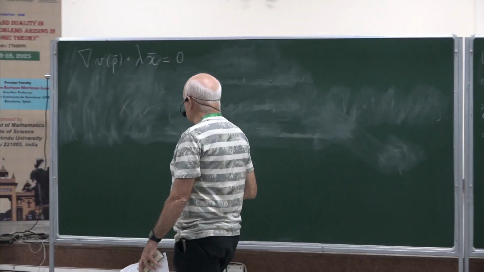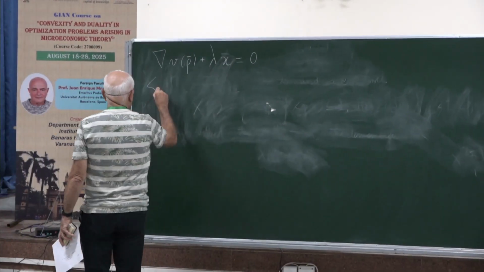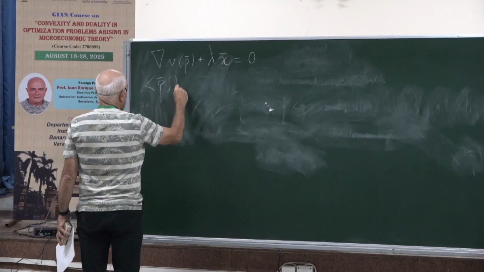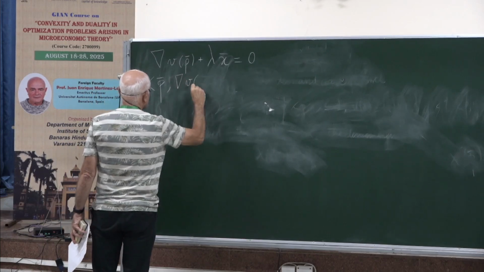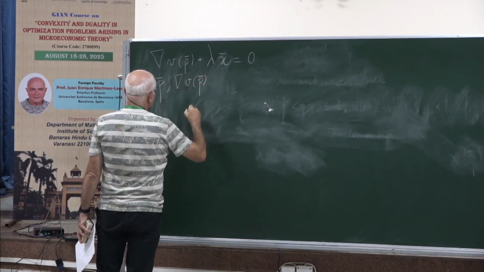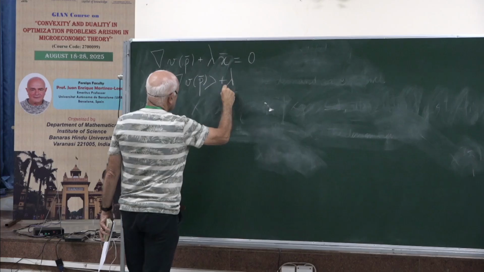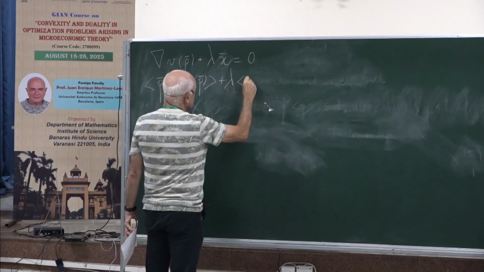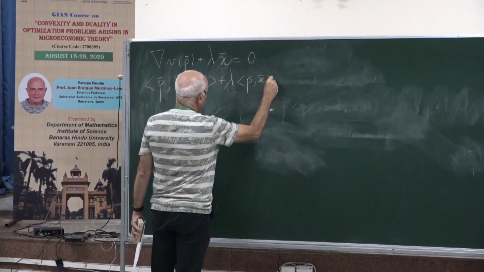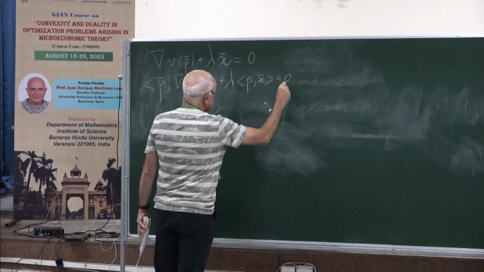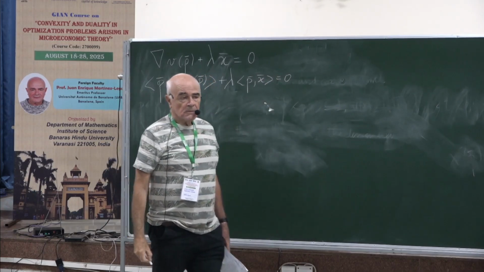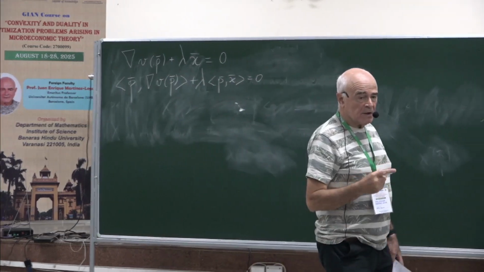Then I get P bar times gradient of V at P bar plus lambda P bar x bar is equal to 0. But we already know that P bar x bar is equal to 1.